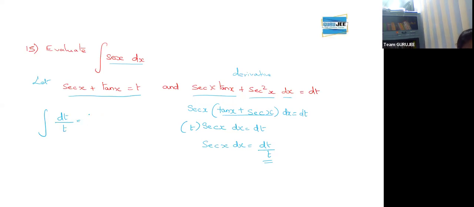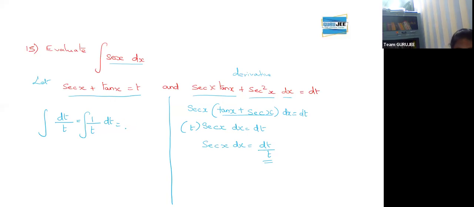Integrating dt by t, that is 1 by t into dt. What will 1 by t give? Formula number 10. If you want, you can make a note because you are just starting now. Formula number 10, you make a note.